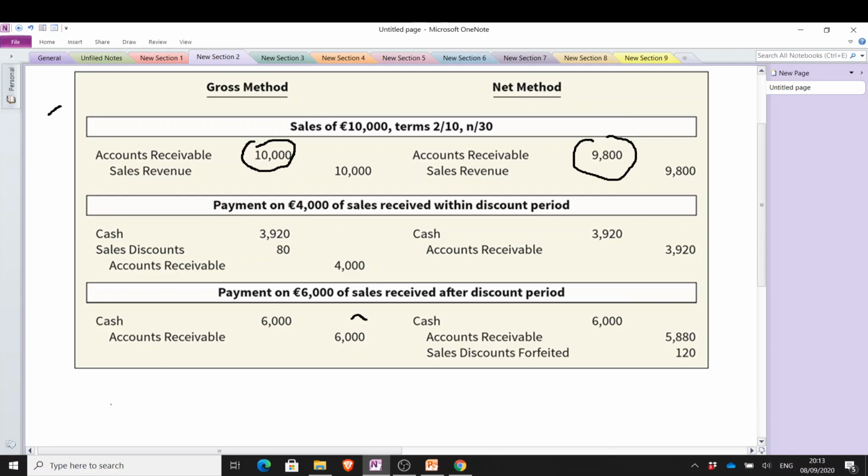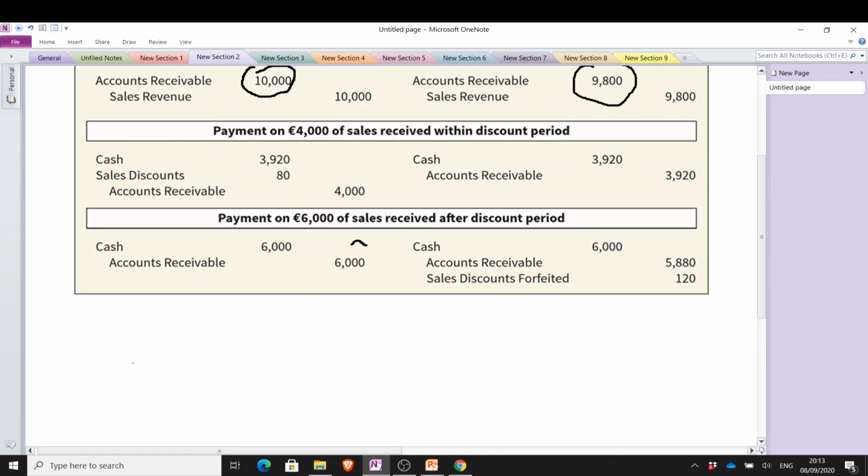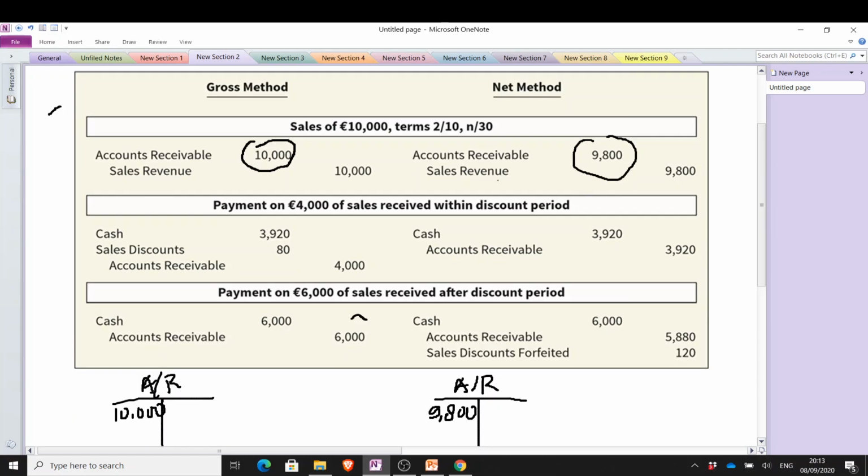It means that the account of accounts receivable here has $10,000, while when we use the net method, we only recognize 9,800. Why do we use a different number?